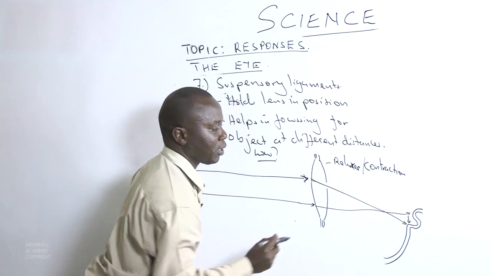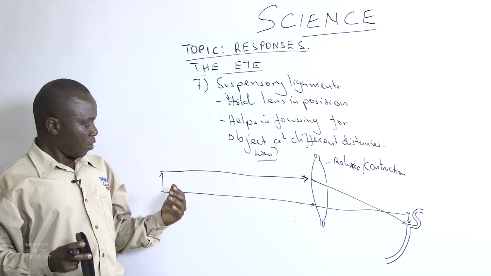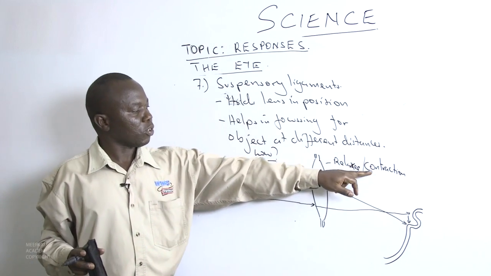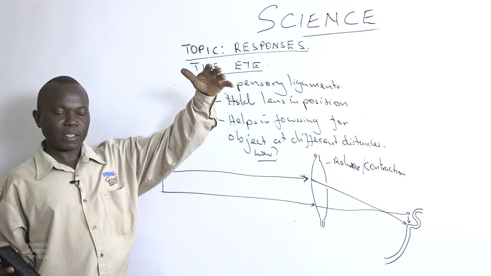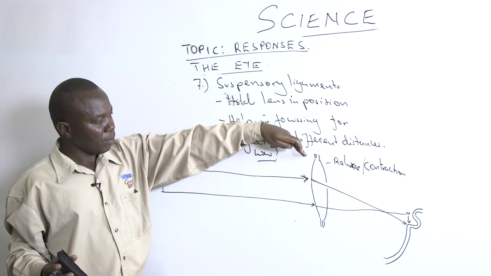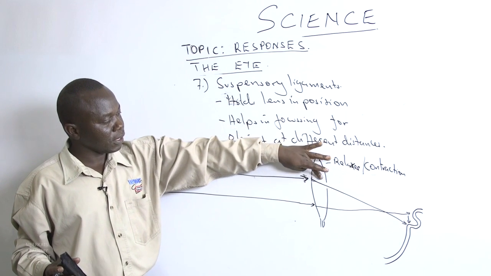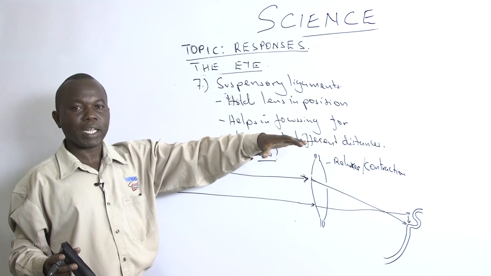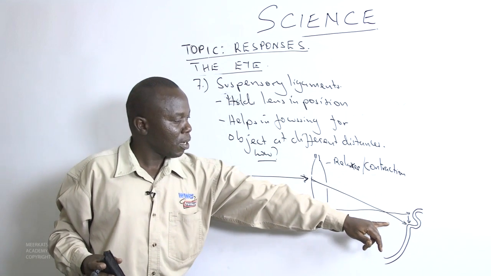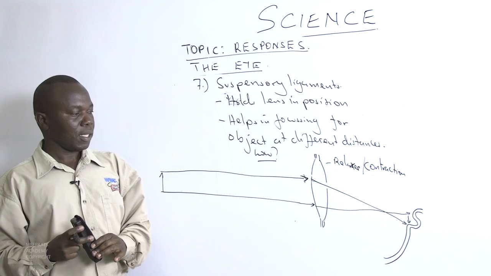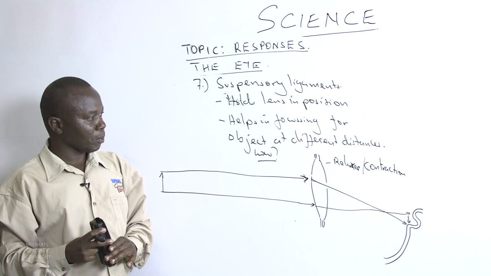Image is always inverted. So again, for a distant object, the suspensory ligaments contract, the lens is going to become more flat, or the curvature decreases, and in the process less light is refracted and the image falls on the fovea centralis at that point.